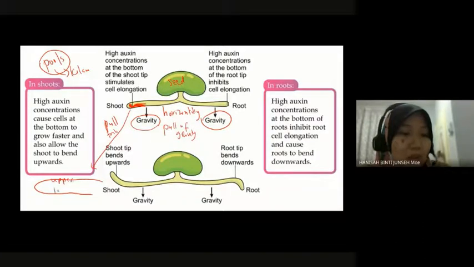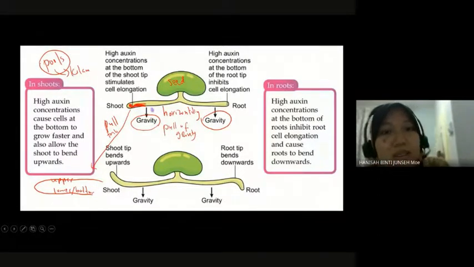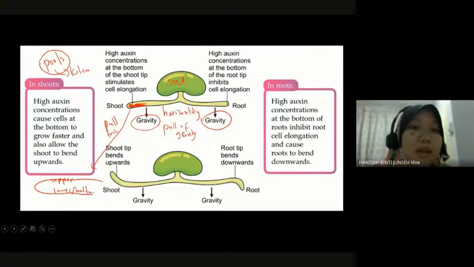Ini lower ataupun bottom. Okay, guna istilah buku ni lah, bottom. So, bottom ni maksudnya yang di bawah. Kalau you can observe closely in your textbook, di bahagian bawah tu yang ada dot hijau tu, that's what it means by the high auxin concentration at the bottom.